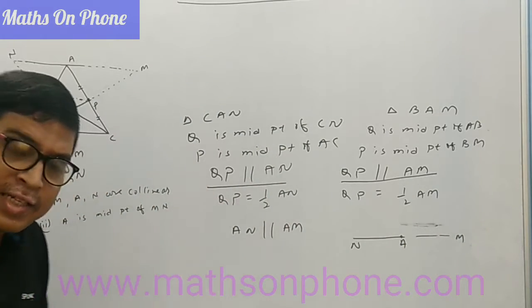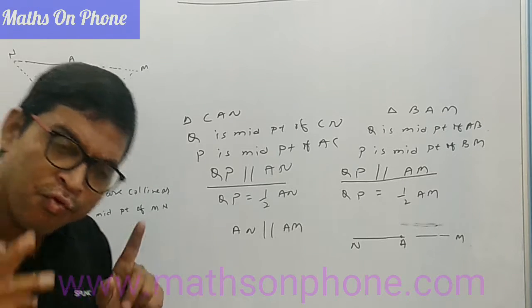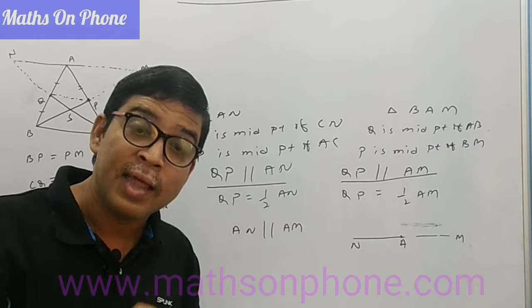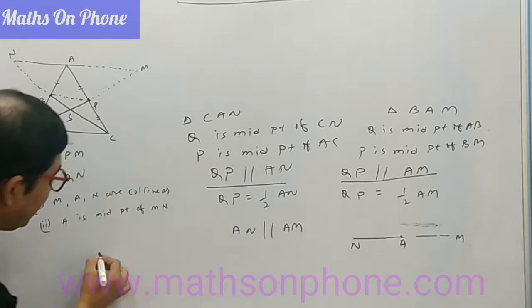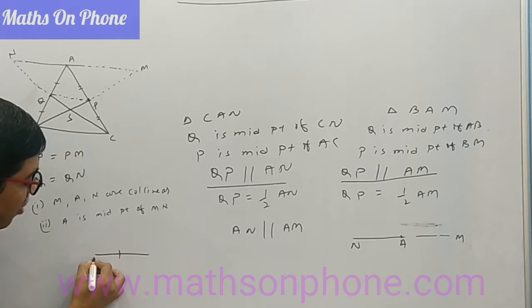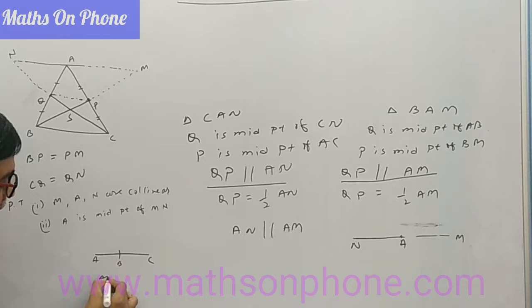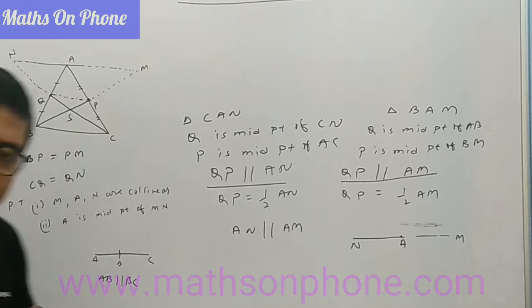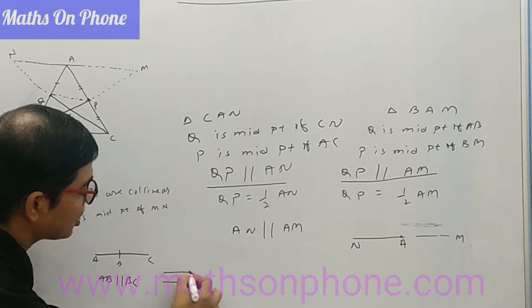So what does this imply? If two lines are parallel and one point is common, that means that is a single line, because a single line is parallel to itself. If I write A, B, C, can I write AB is parallel to BC? Yes, we can say a single line is parallel to itself. Not all the time does parallel mean like this.